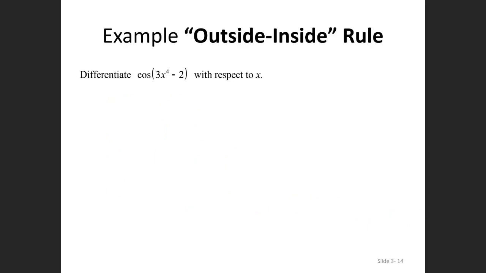All right, so let's try a couple of these. All right, so what would you get there using the chain rule to find the derivative there? What is the derivative of cosine of (3x to the fourth minus 2)?